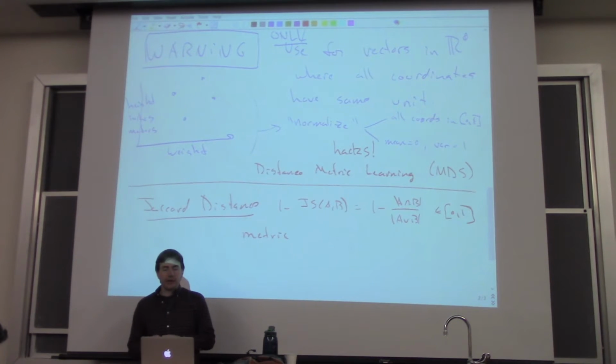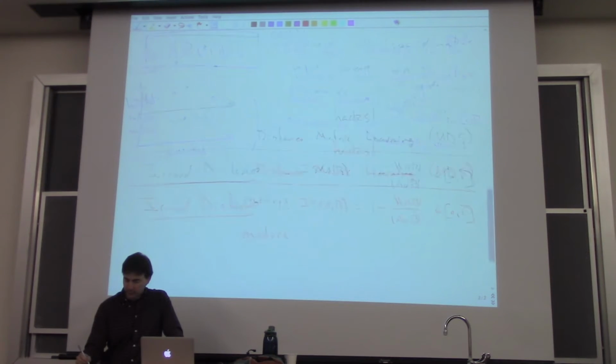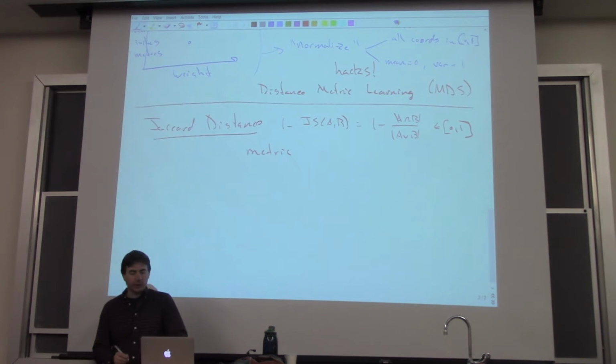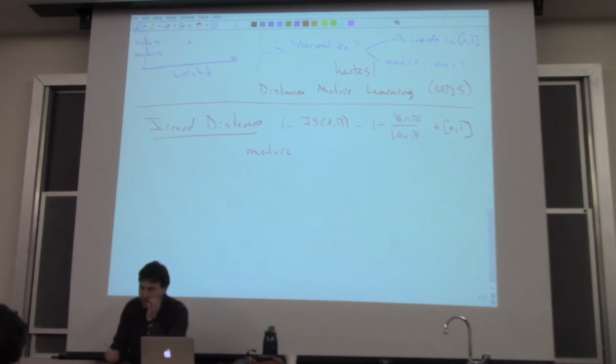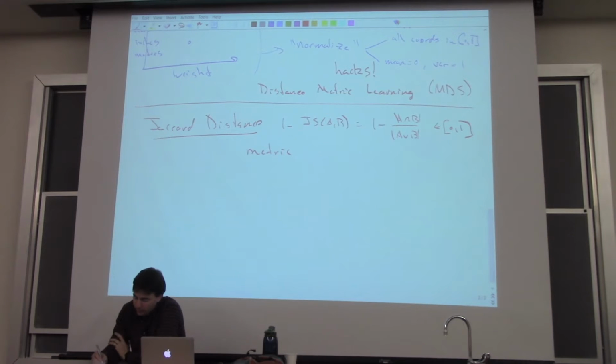And then the triangle inequality. It's not too hard to see. Let's do a short proof of the triangle inequality.